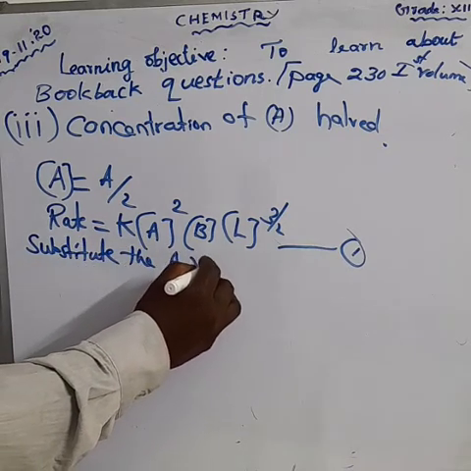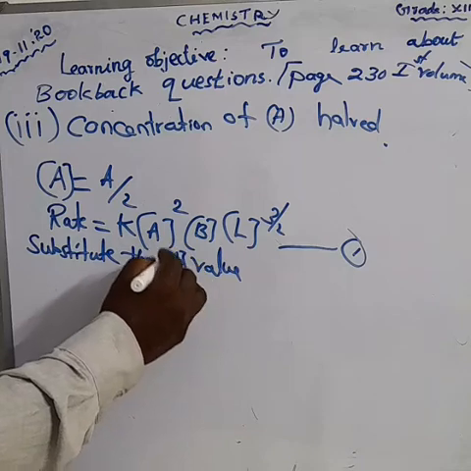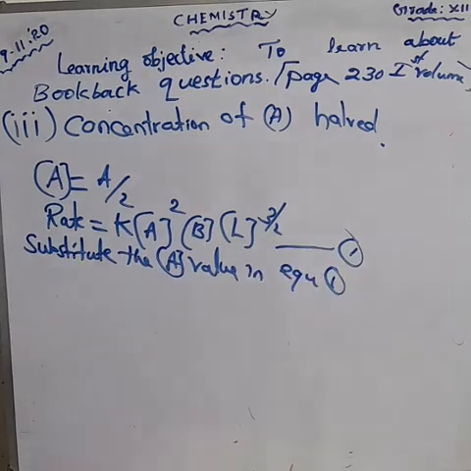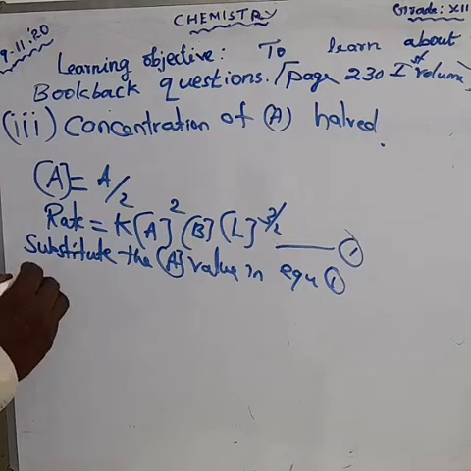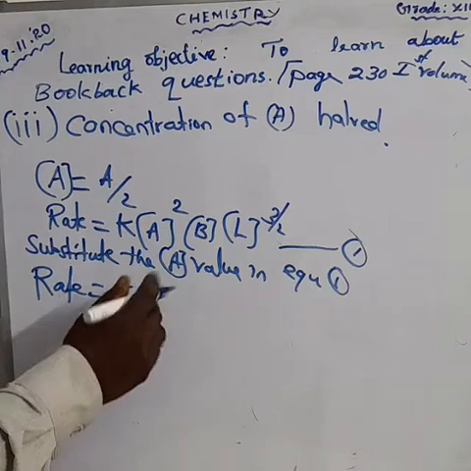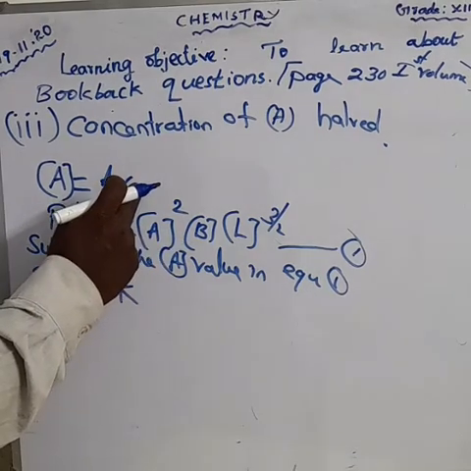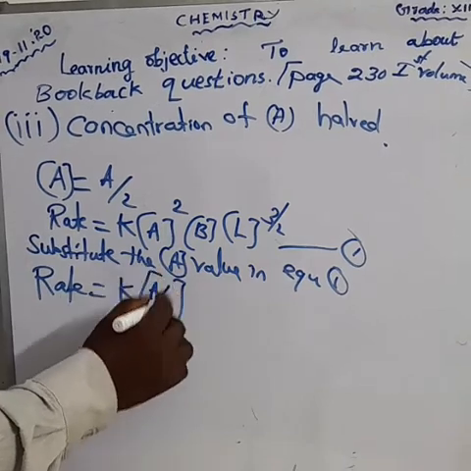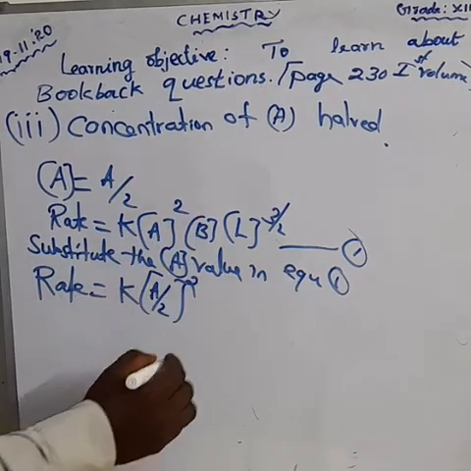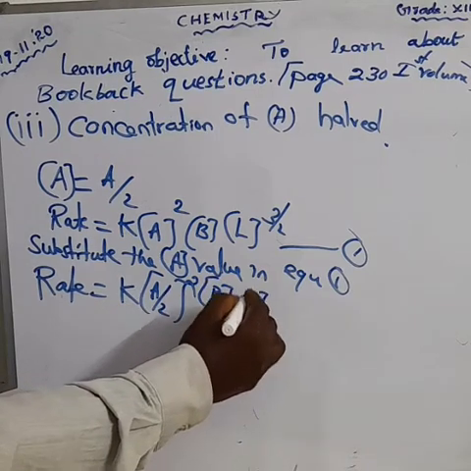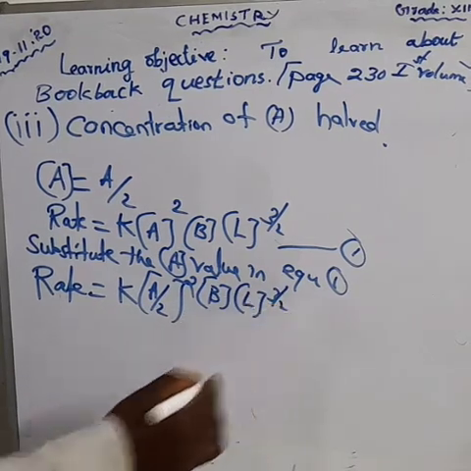A value in equation 1. So what's the value? Rate is equal to K into, what's the value of A? A by 2. So A by 2, here have a square. So A square B L 3 by 2. Okay?